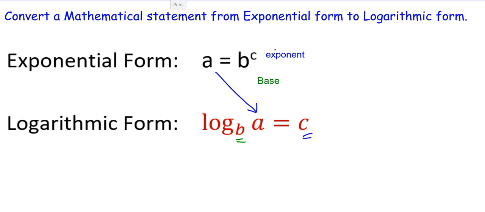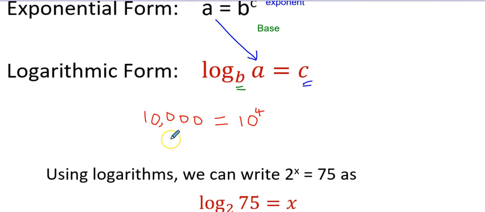If you want to write a big number, for example, I have 10,000 here. You know that you can write it in exponential form as 10 to the power of 4, because 10 is multiplied 4 times to give you 10,000. Now what is its logarithmic form?